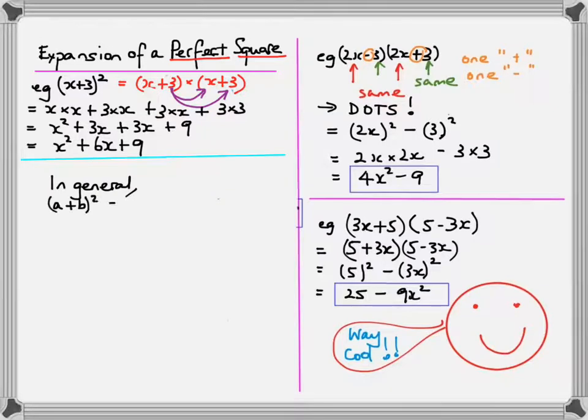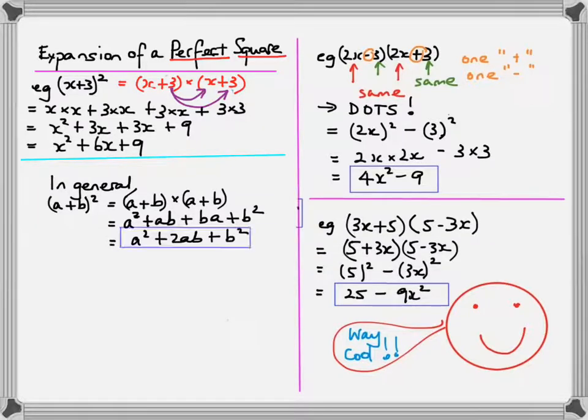In general, if you have a plus b all squared, it comes out to be, okay, that's the expansion of it. And even when you clean it up and combine the like terms, you get a squared plus 2ab, because the ab and the ba are really the same term.